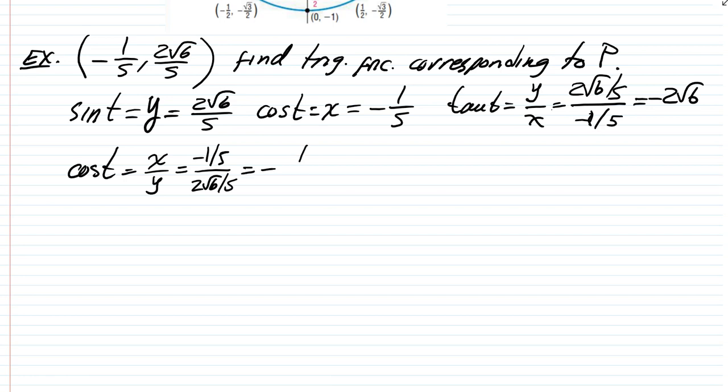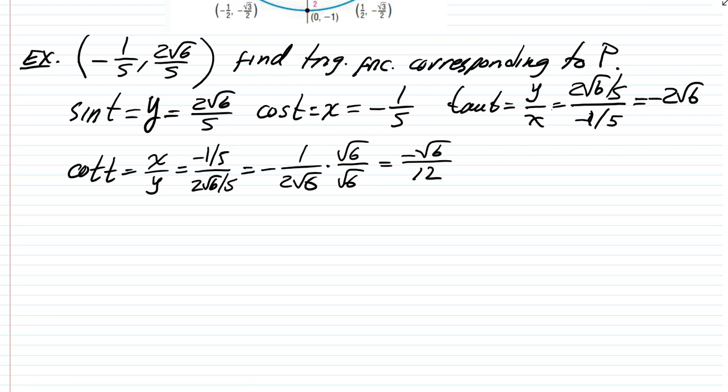So it's negative 1 over 2√6. Now we rationalize it. So this is going to be negative √6/12. Okay. And that was, sorry, I said cotan, I wrote cosine. This is cotan t.